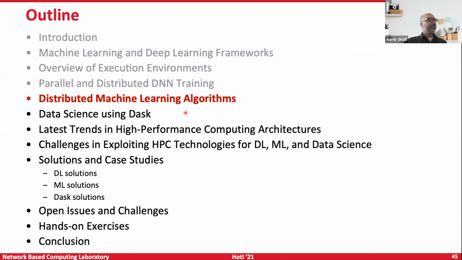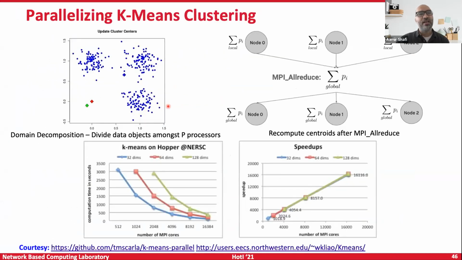So in this next part of the tutorial, we are going to change gears and start talking about distributed machine learning algorithms. I will use a lot of the material that Arpan has already discussed. Some of the challenges are just the same.